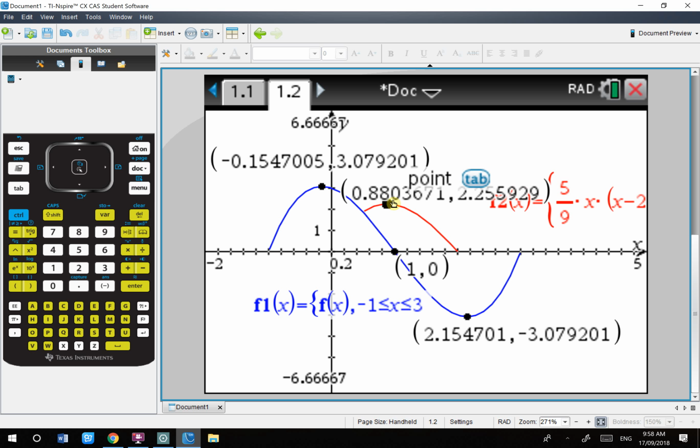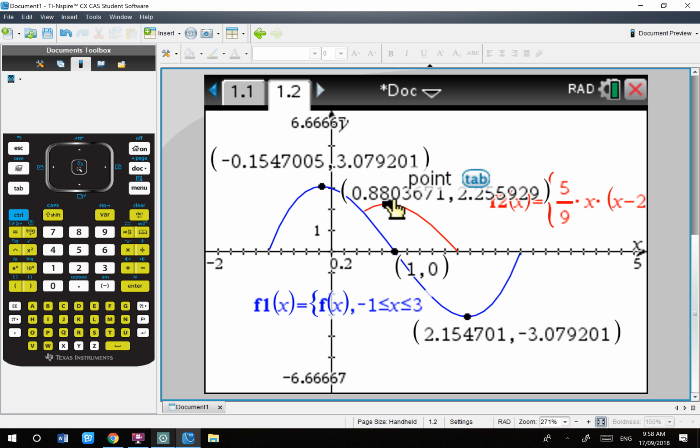Okay. Correct to 1 decimal place, 0.9, 2.3. Okay, 0.9, 2.3, correct to 1 decimal place. You can graph it, and then you can see what the maximum turning point is, because for application questions, it's good to have an understanding of what the graph looks like and what it means physically. So the water goes that way, the cross section looks like that.